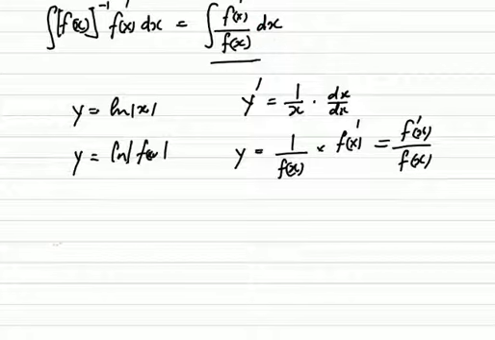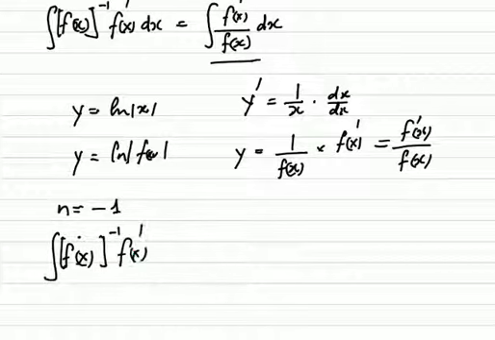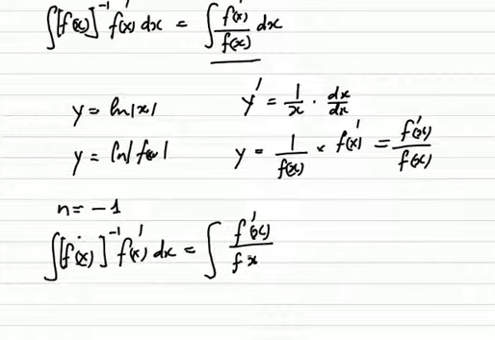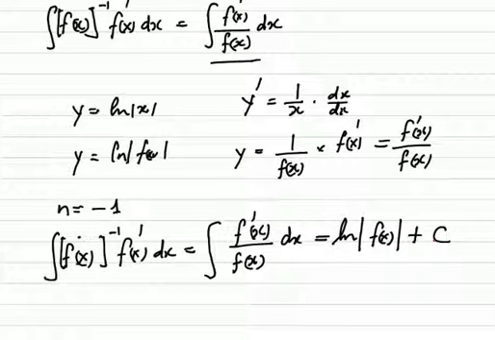So therefore we can say when n is equal to -1, we get the situation where f of x to the power -1 multiplied by f prime of x dx transforms to an integral of f prime of x over f of x dx. Then this must be integrated as ln of f of x plus c. Then we've now covered the -1 story there.